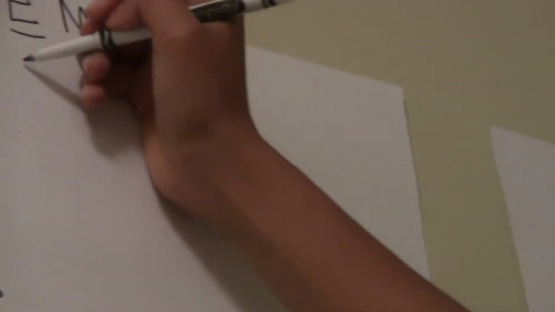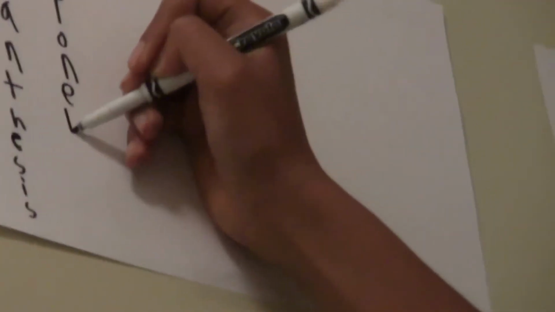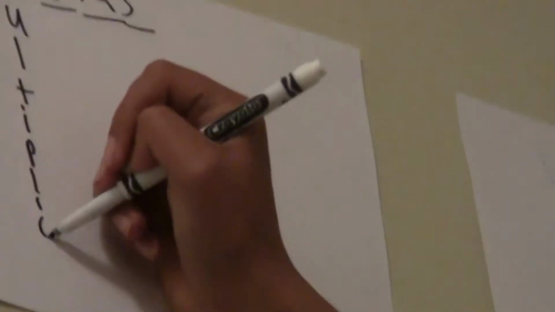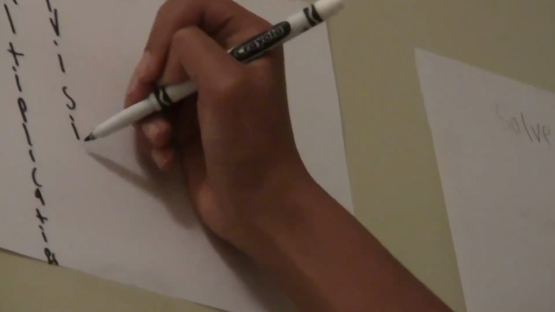Then E stands for exponents. Then the M stands for multiplication. D stands for division. A stands for addition.